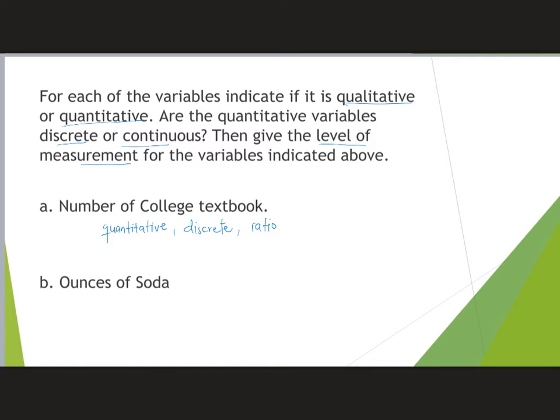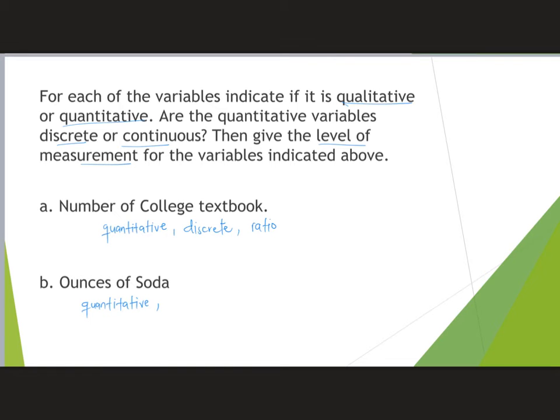Alright, so now let's move on to the second example, which is the ounces of soda. Likewise, ounces takes on numerical values. So this variable is going to be considered a quantitative variable.